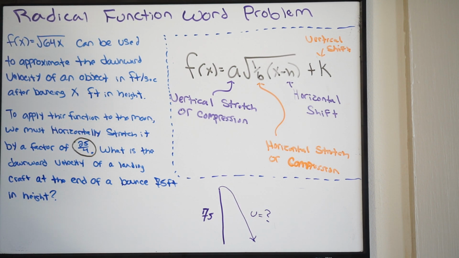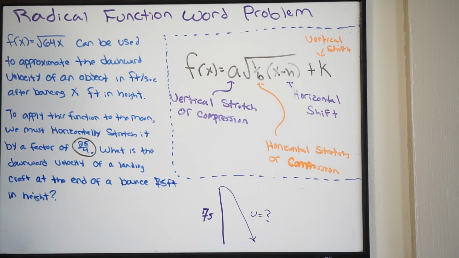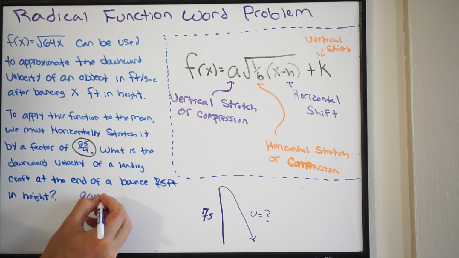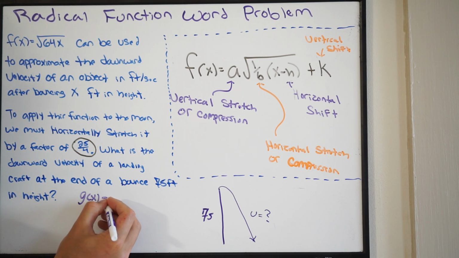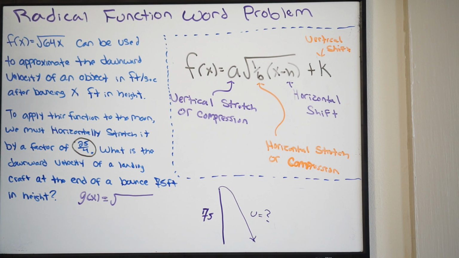So what we need to do is take this B value and plug it in. Essentially we're going to put a 1/B here. So let's go ahead and write this out. For the moon, let's do it in another color, we'll have f of x. Actually, let's call it g of x since we're making a new function. So g of x equals the square root, and you're just going to follow your model here, so 1/B.